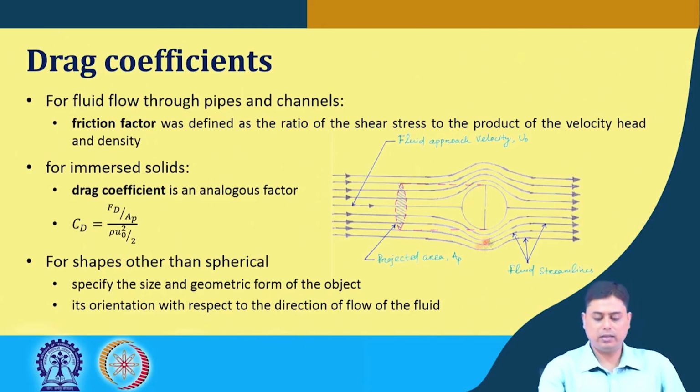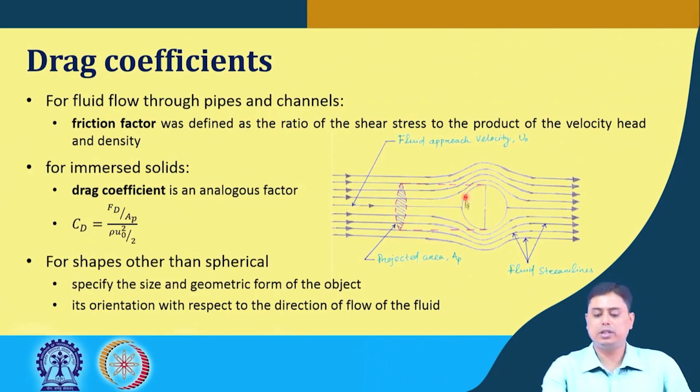So how does it look, or how does it come about? Consider a smooth surface sphere over which a fluid is flowing. Now the approach velocity of the fluid is considered to be uniform, that is u0. Which means the wall from which this flow is coming is sufficiently far away from this spherical particle, so that this approach velocity can be assumed to be uniform. Now while approaching this smooth spherical particle, what happens?